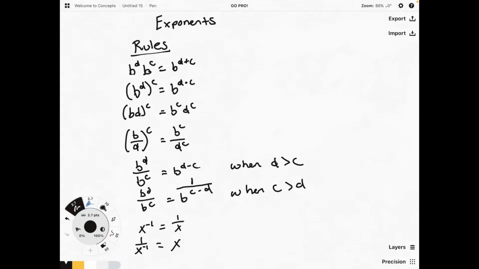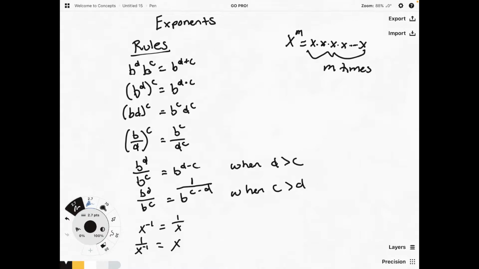So if we have x to the m, that is saying that we are going to take x times x times x times x, that m times.